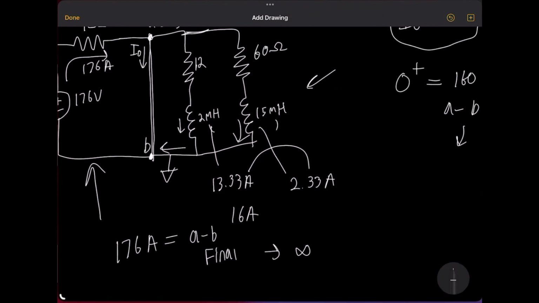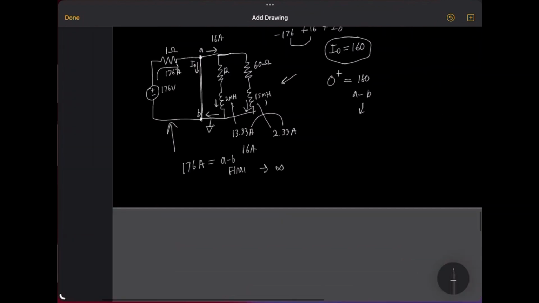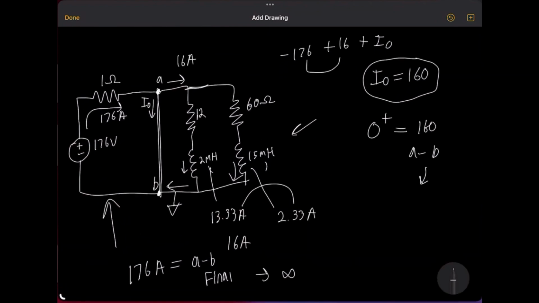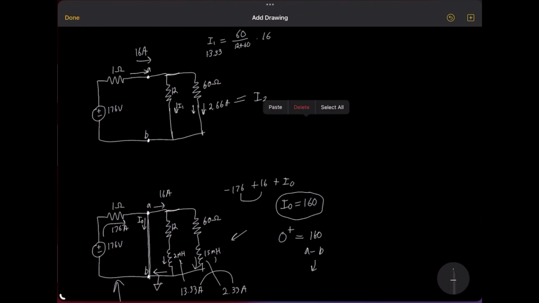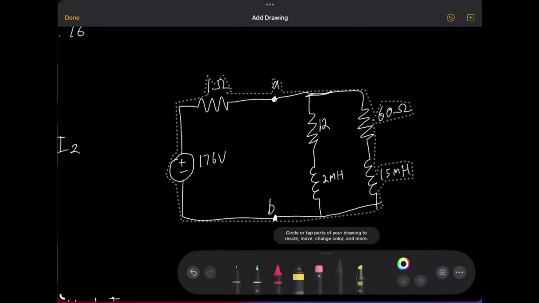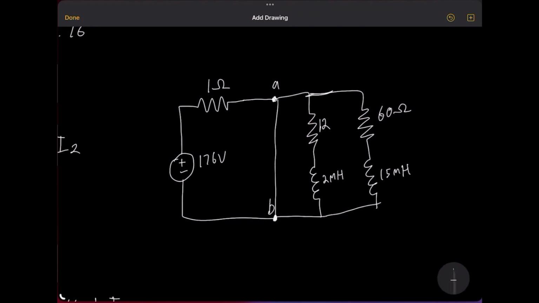So now we need to figure out and determine how we will solve for this circuit across these two points. We start with 176 amps, and then we have 16 amps originally coming in from these two inductors.